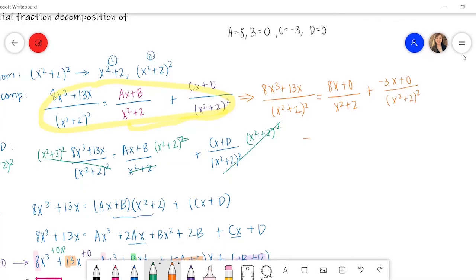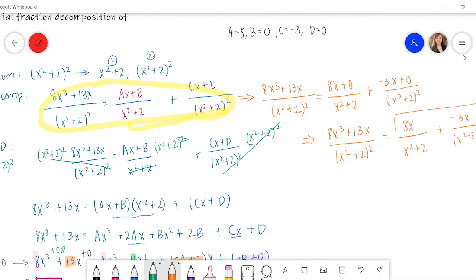So if we clean this up and give a final answer, you have 8x cubed plus 13x over x squared plus 2 quantity squared. And I'm going to just get rid of the zeros. So 8x over x squared plus 2 plus -3x over x squared plus 2 squared.